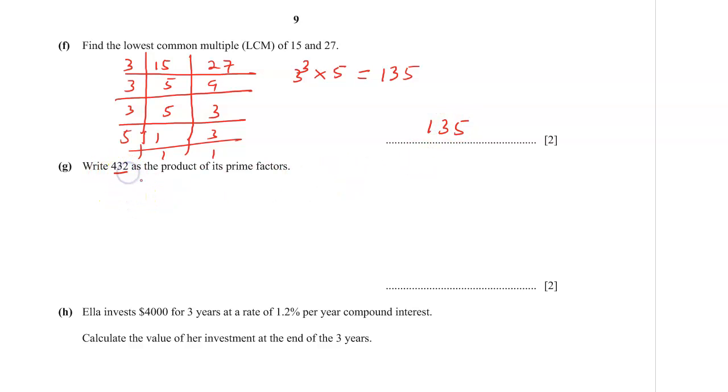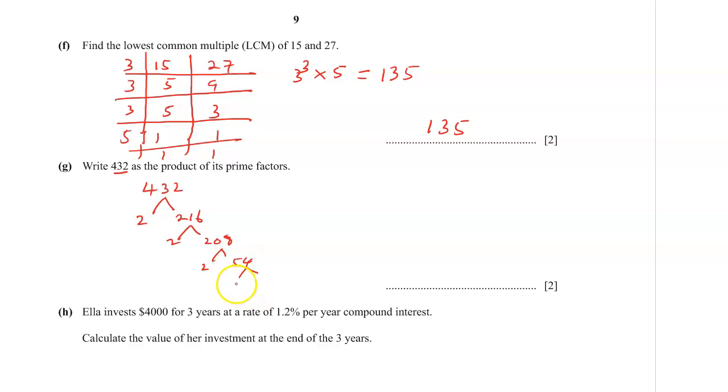Write 432 as the product of its prime numbers. So 432, can divide this one by 2. It's an even number. You get 216. Divide by 2, you get 108. Divide by 2, you get 54.